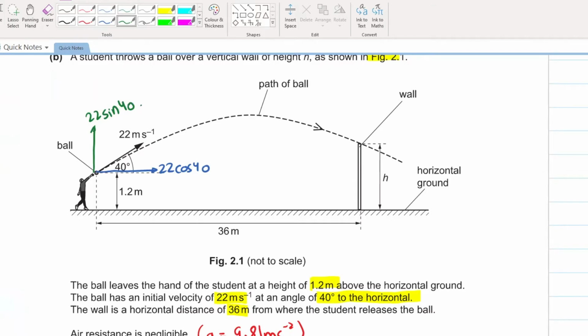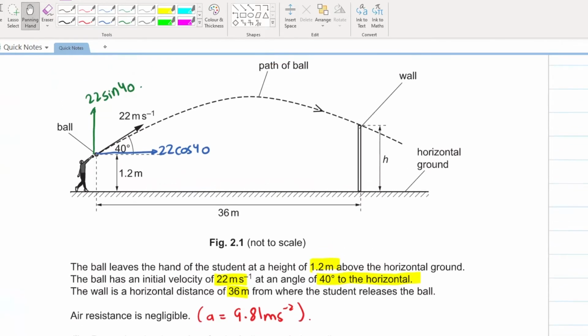Now, if you remember, the horizontal component of velocity in projectile motion used to remain the same.